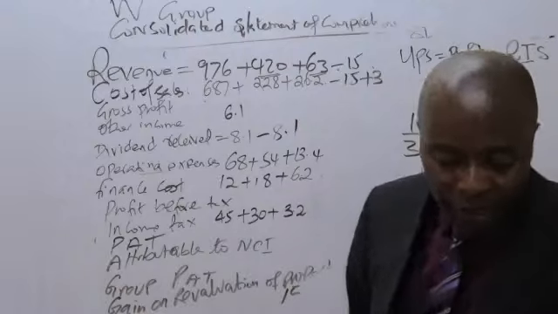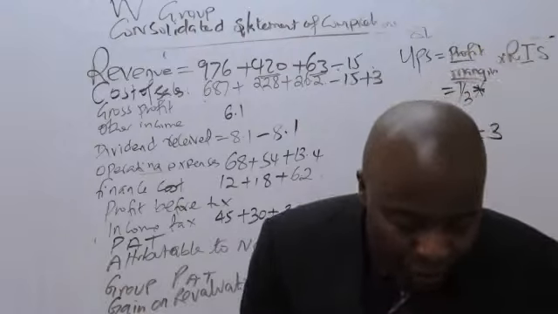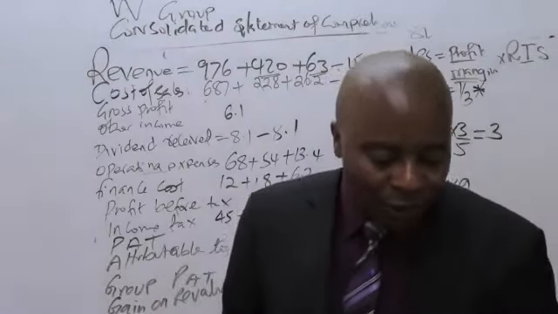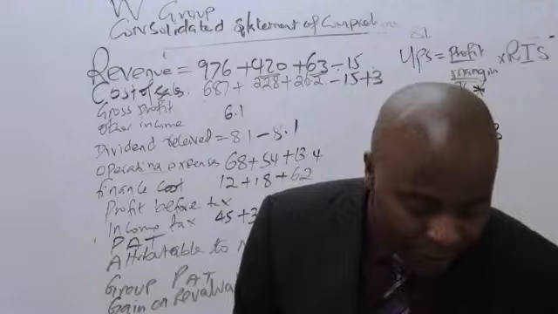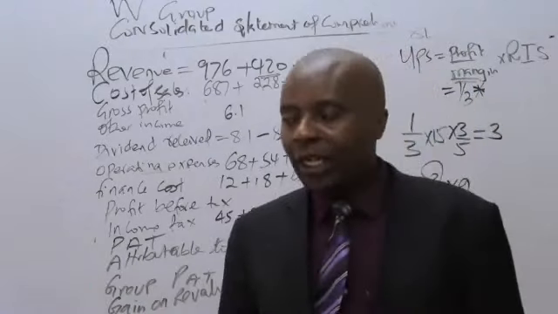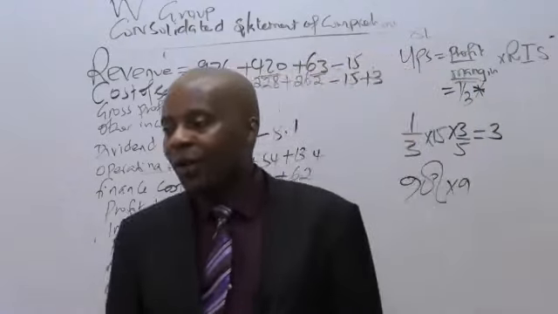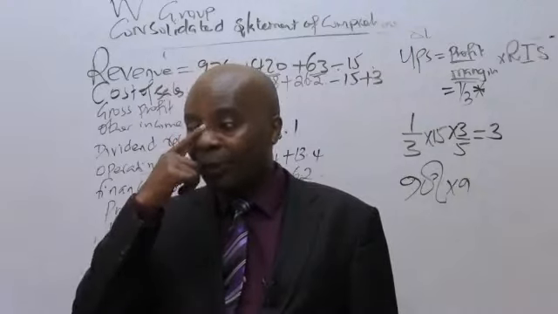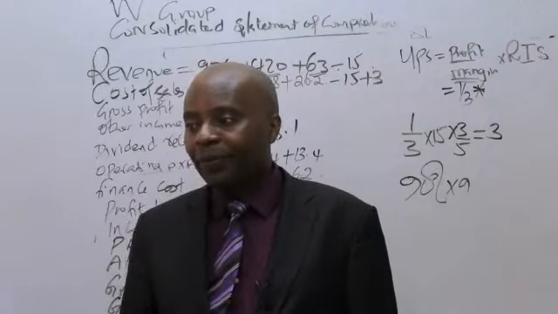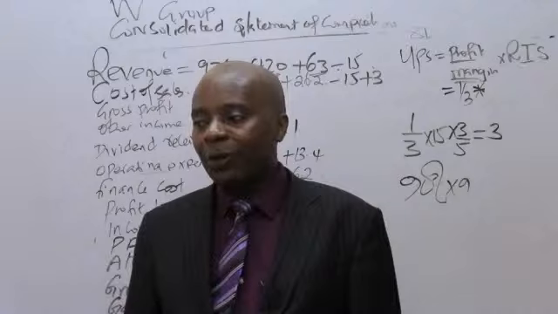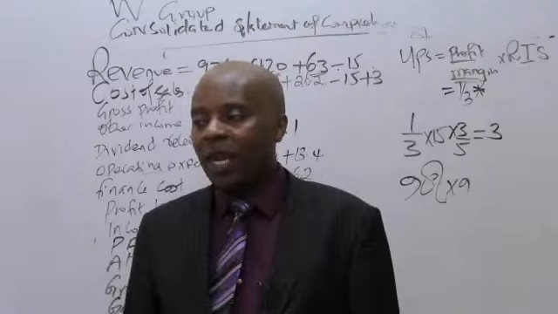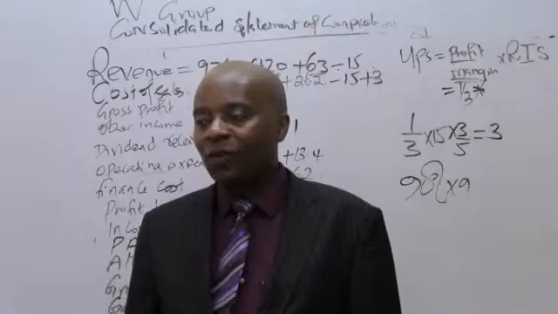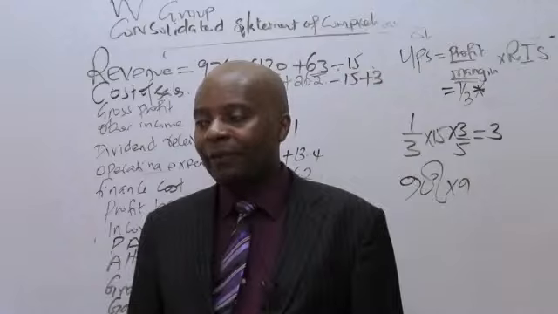Remember, we are told in note number 5 that F declared an interim dividend of 9 million. So are you able to see how I got the 8.1, Winnie? Because 90% of 9 is 8.1.